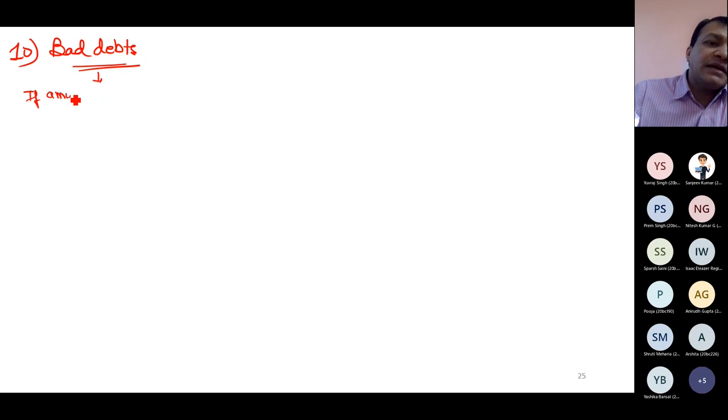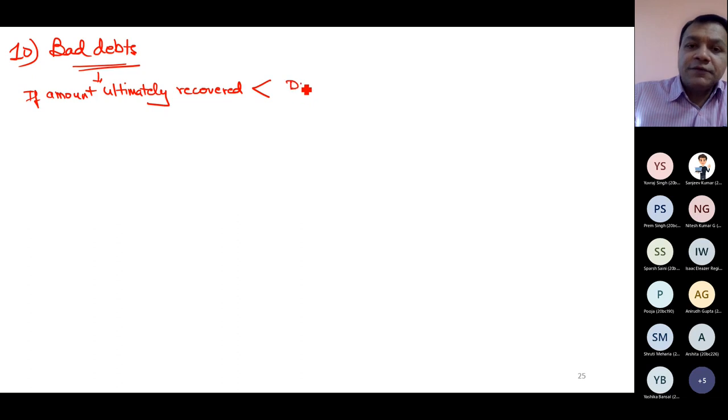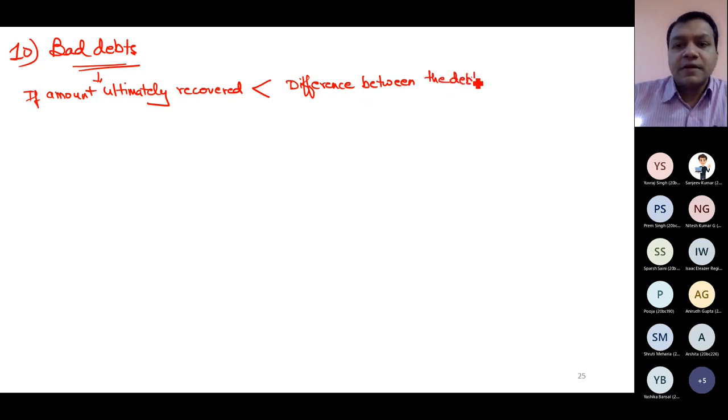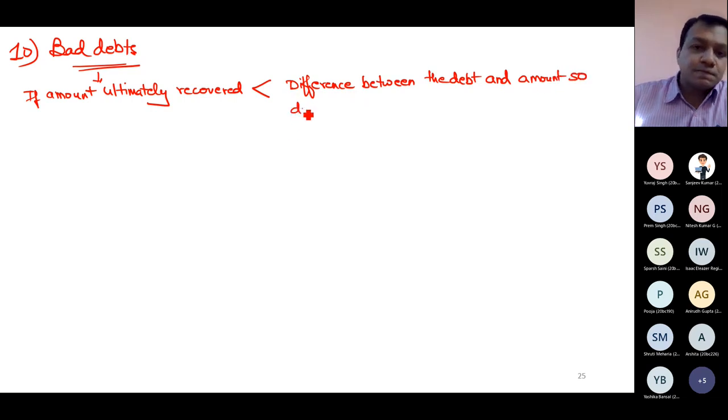If amount ultimately recovered is less than the difference between the debt and amount so deducted, then what will happen?